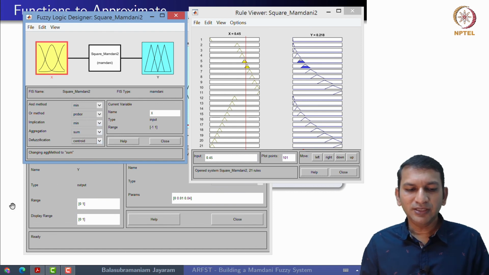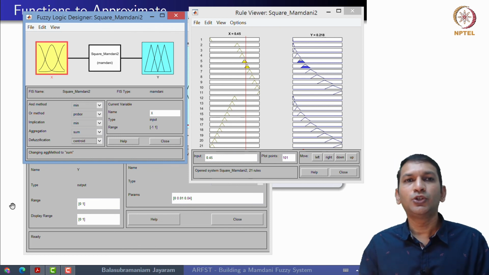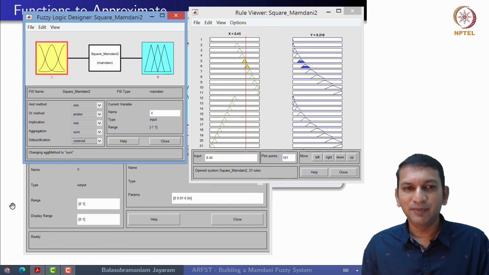Well, so this in a nutshell is how you build a fuzzy inference system, a Mamdani fuzzy inference system, to approximate a given function. Of course, the immediate question is, in this case, we knew the function that we need to approximate. There was no need to approximate this function.